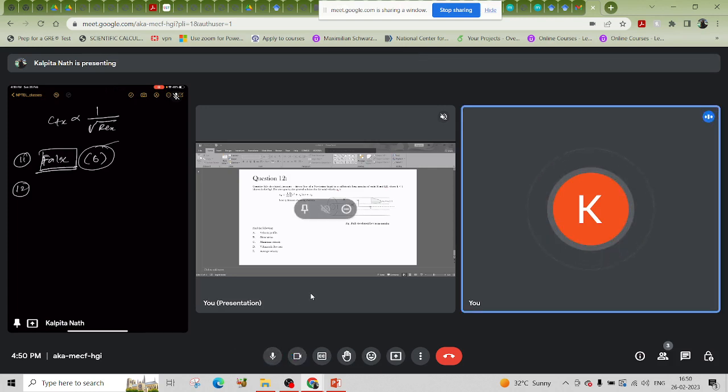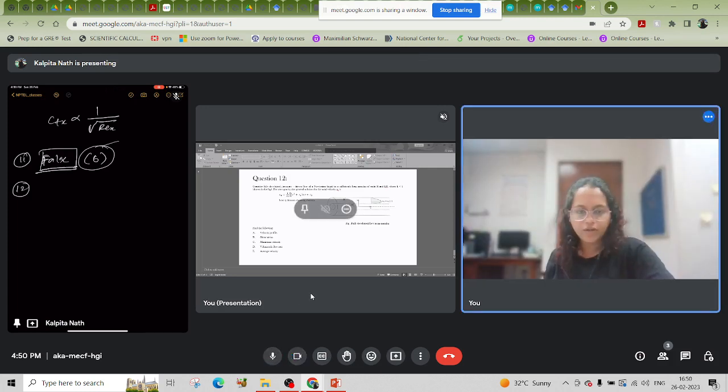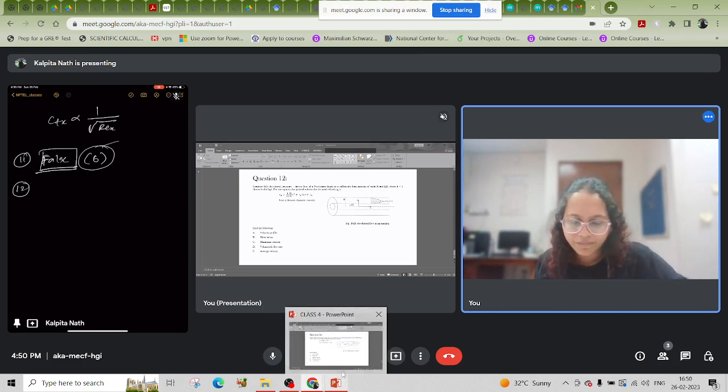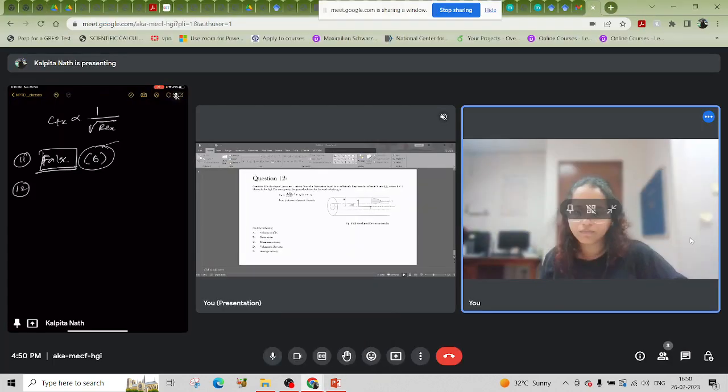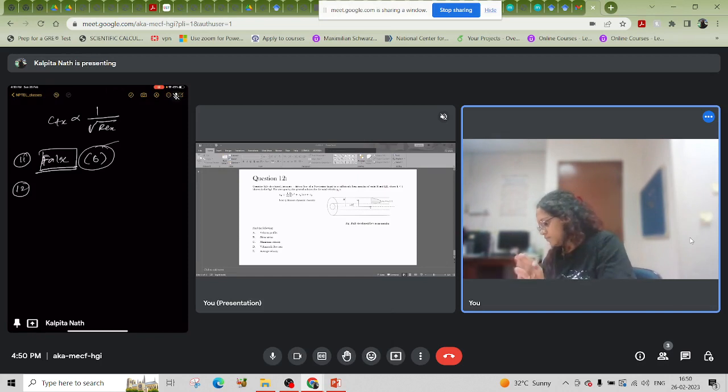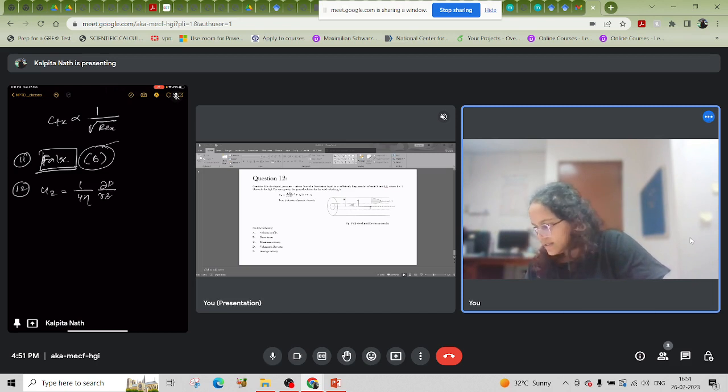Okay, let us now proceed with this solution. First, u z is given as 1 upon 4 eta del p del z r squared plus c1 ln r plus c2.